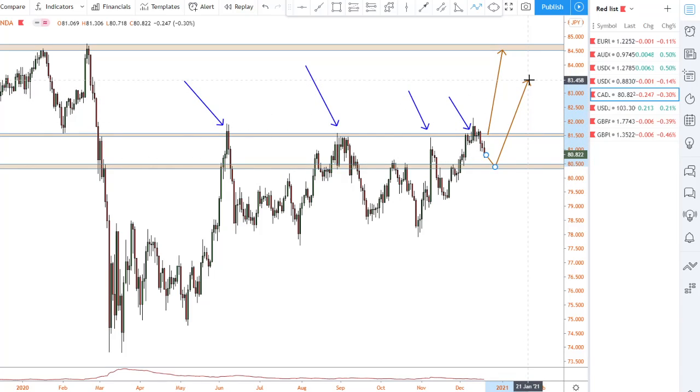And as I said earlier, once it breaks this particular resistance zone, it's going to go very quickly to the next level, as I don't see much resistance in this area here. So that's the strategy for this pair, and keep an eye on this one. You might get a very nice buying opportunity.